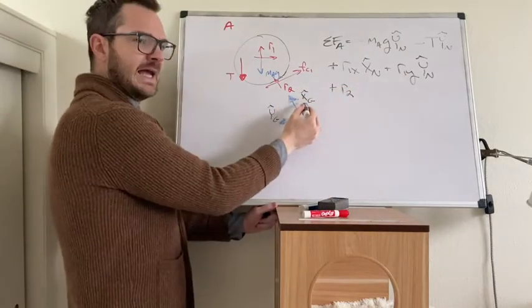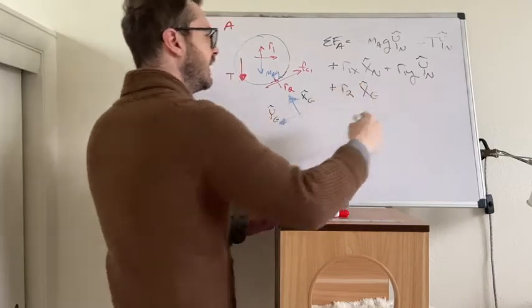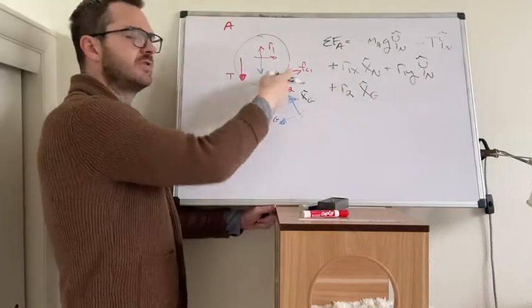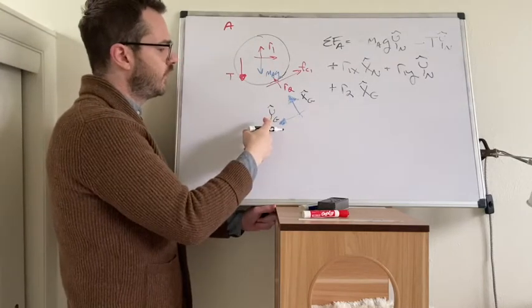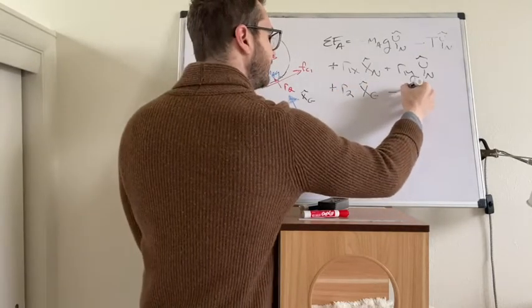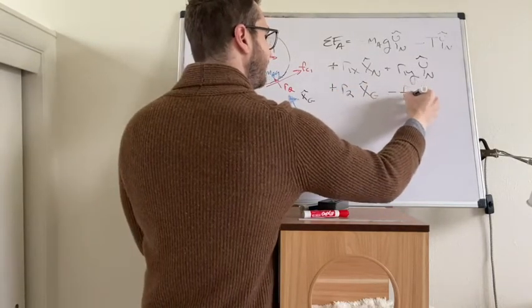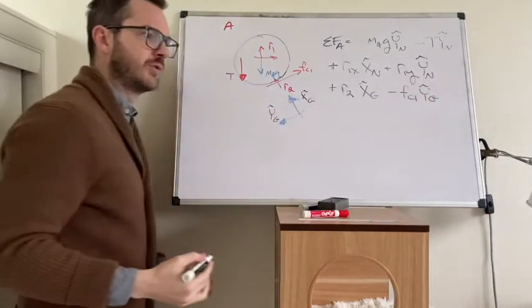R2 is acting in the xG direction. And then I picked a direction for FC1. FC1 is acting in the negative yG direction, that's fine. So let's just do negative FC1 in the yG direction.